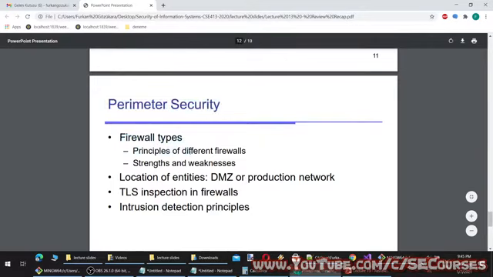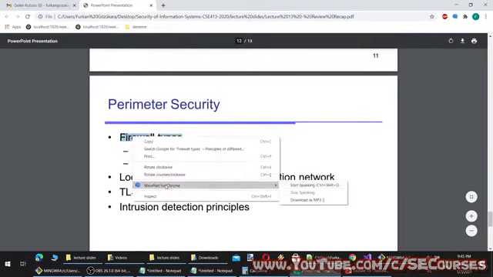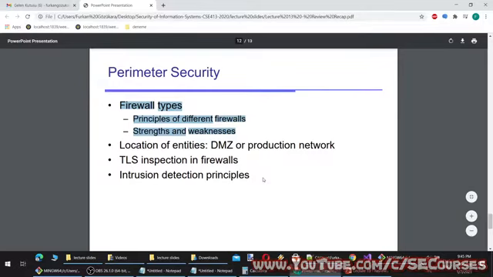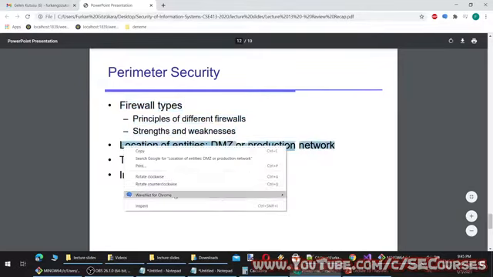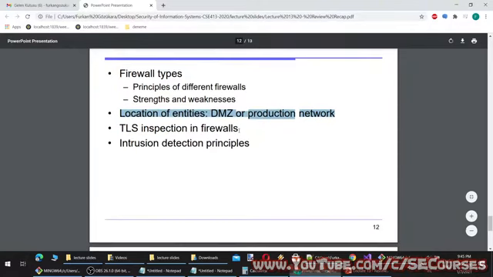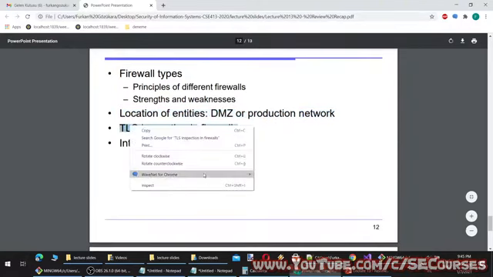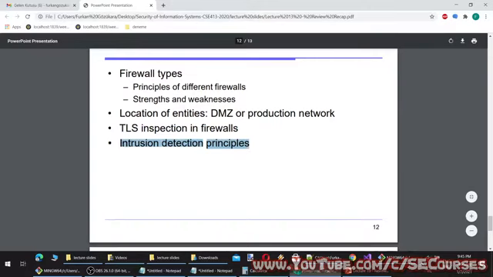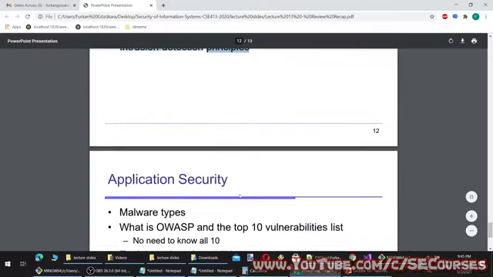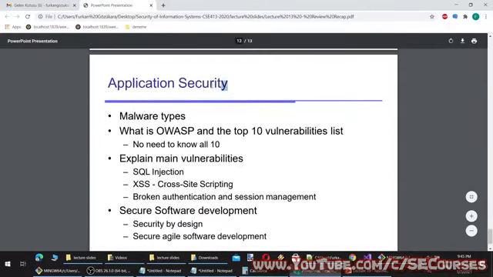Perimeter security. Firewall types, principles of different firewalls, strengths and weaknesses. Location of entities, DMZ or production network. TLS inspection in firewalls. Intrusion detection principles.